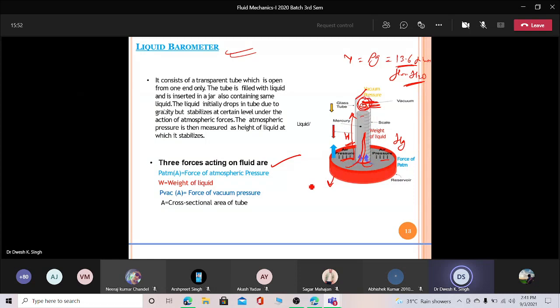So there is some vacuum force also, and there is a weight, because that amount of liquid will have some weight. So these are the three forces which generally act in the barometer.